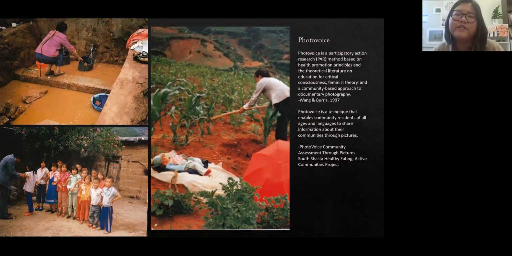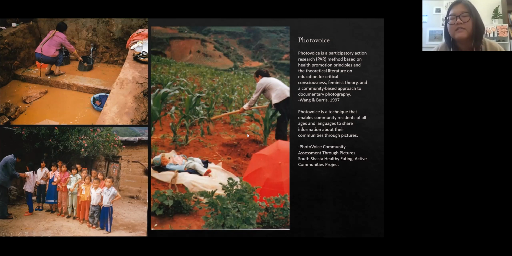It was first developed by Caroline Wang, a professor at the University of Michigan in the health department. She first used this as a research tool to understand the health conditions of certain areas, especially rural areas. As you can see, this is the daily experience of those people.